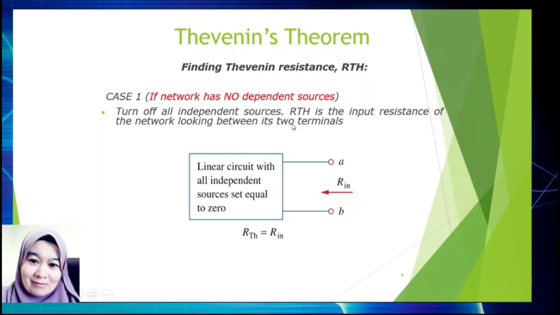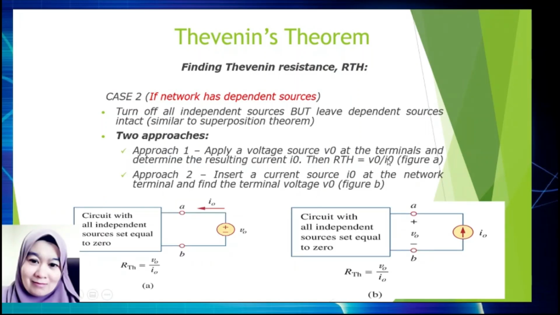Then RTH is the input resistance of the network looking between its two terminals. So in this case we have a circuit with all independent sources, no dependent source, so RTH equals R in here.